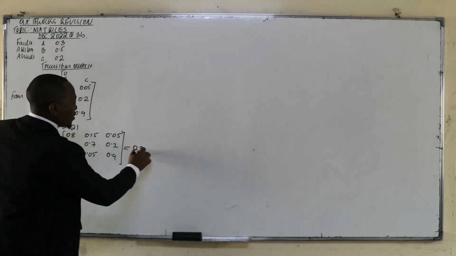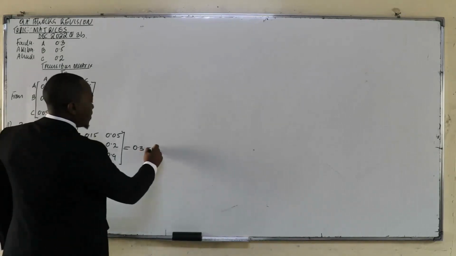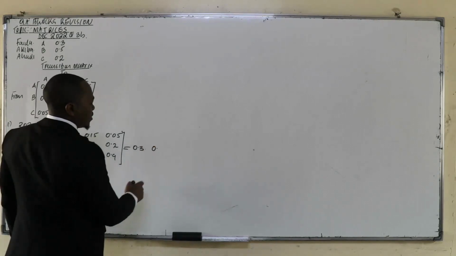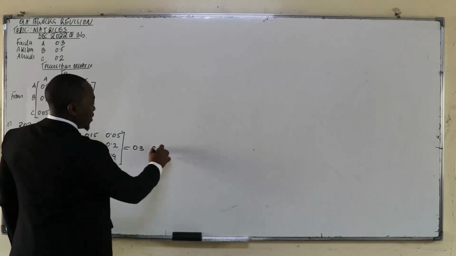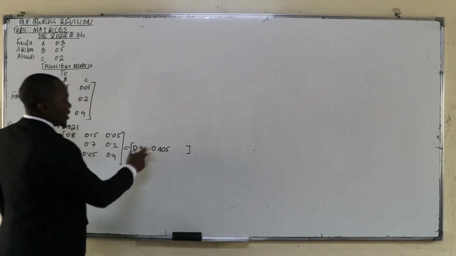0.3... 0.405, 0.405. So that means to get the last one, just take 1 minus the 2.